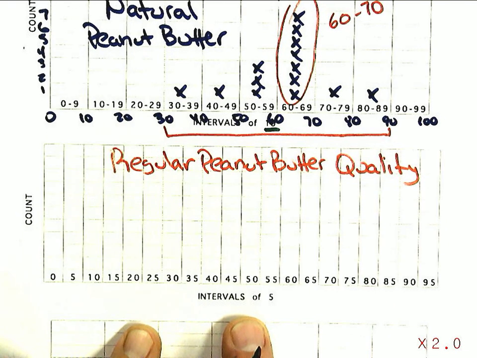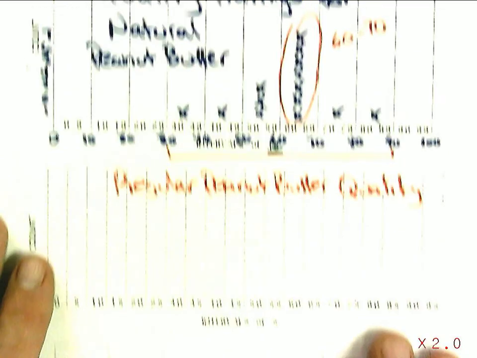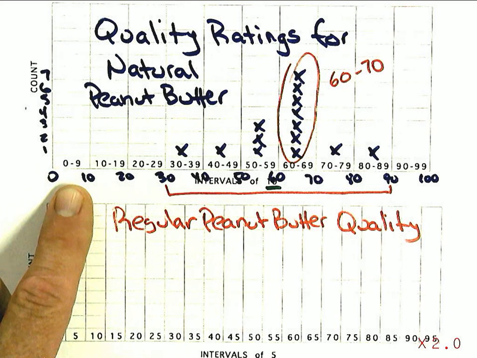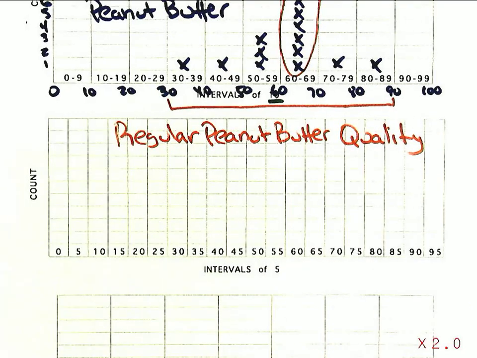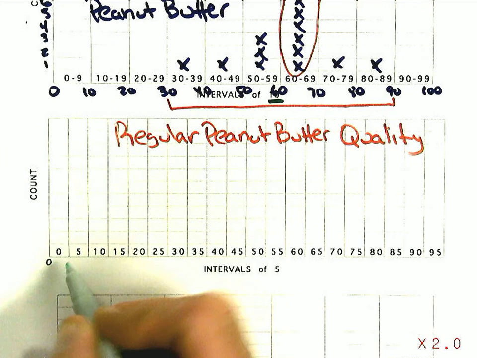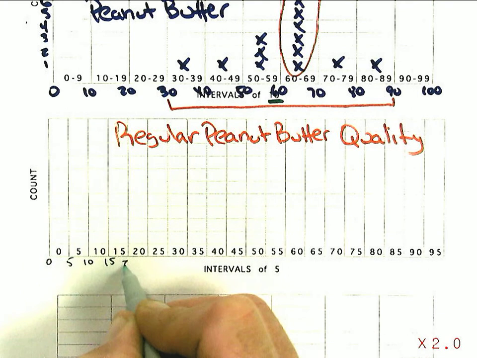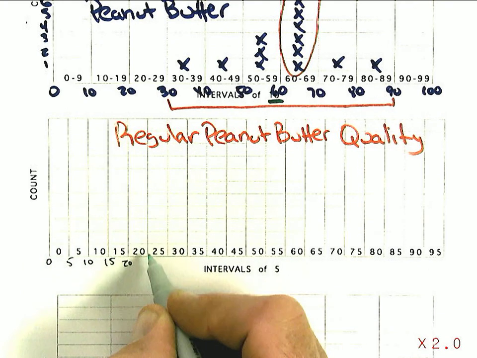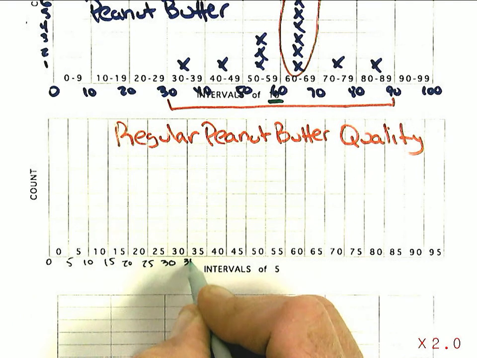So this is for regular peanut butter, and the interval we're changing from 10, which we did in the previous one, to intervals of 5. So our intervals in this case are going to go 0, then 5 starts here, and 10, and so on all the way. So these intervals are the numbers where they begin, 25, 30, 35, 40.